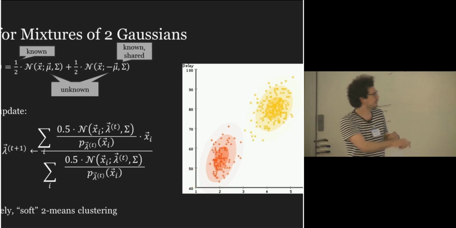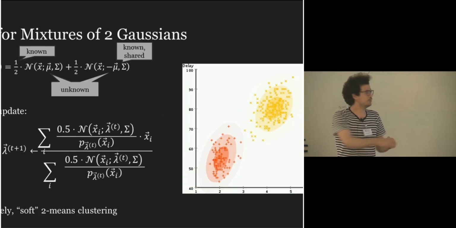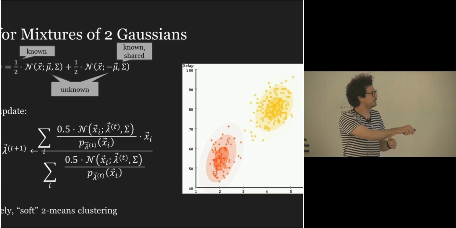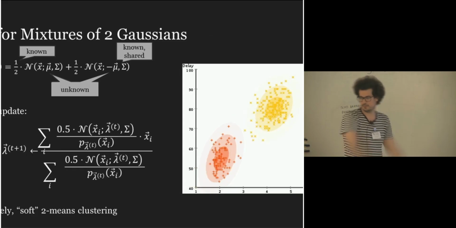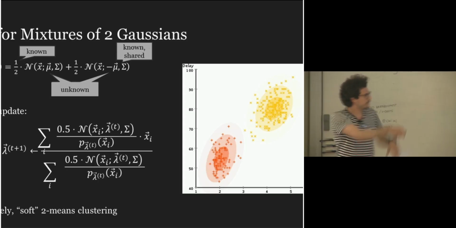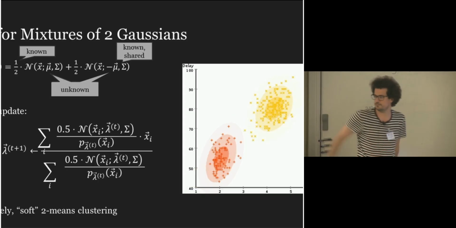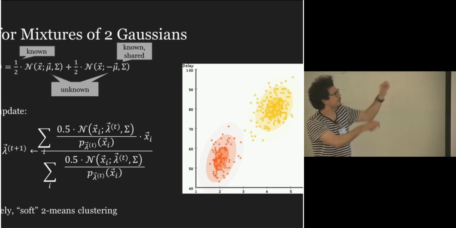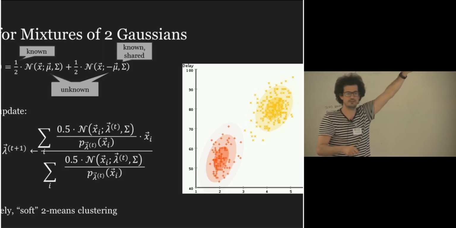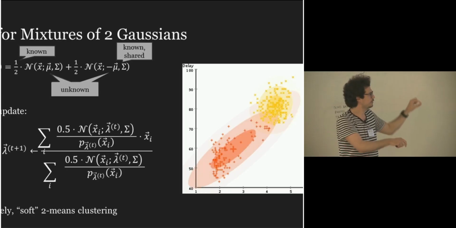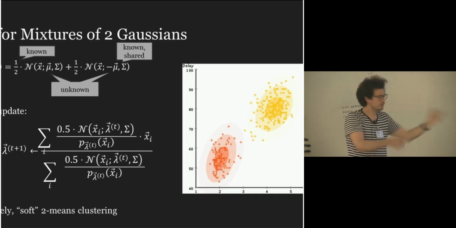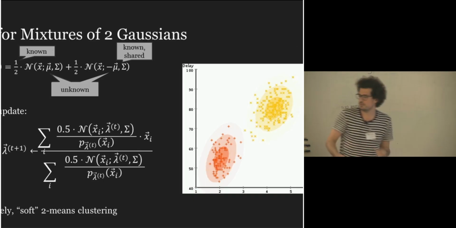So you assign each point to the corresponding center with this weight, and then you do a weighted averaging of your samples to find the new cluster center, and you keep going. And I have parameterized my mixture so that one cluster center is at mu, the other is at minus mu. So there's only one thing that I'm iterating over.